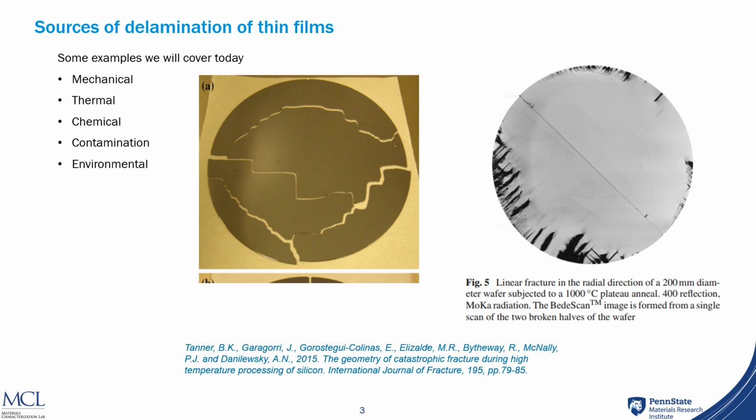There could have been something chemically going on, either an evolution of the material, so that the material ends up being some form of a heat sensor and goes through multiple cycles, and as time goes by something has evolved through it, which we'll cover again under environmental, or something actually came out of the material and changed it, and that caused the delamination. Or it could be contamination on one particular surface of a thin film stack that eventually causes an adhesion failure there, and I'll show you an example of that as we go along.